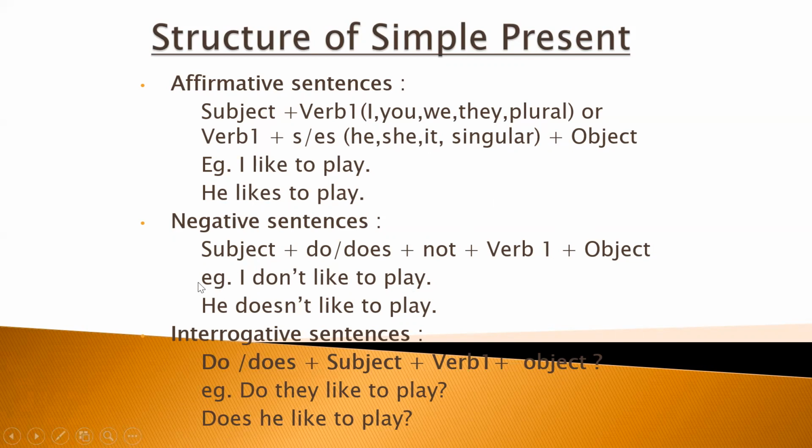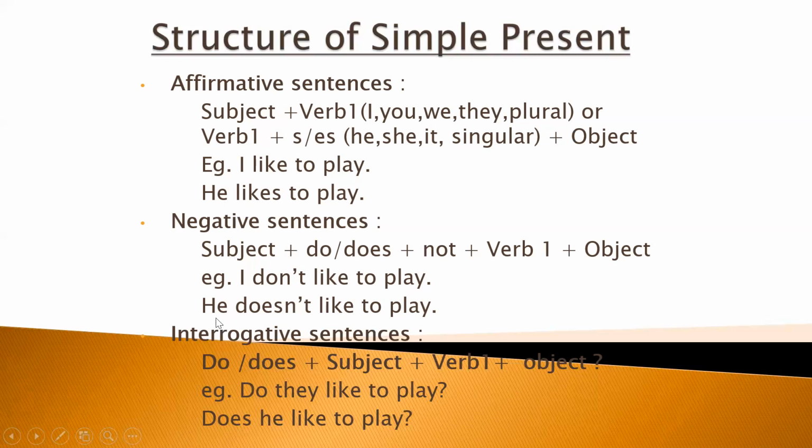Now let us see the example. In the negative case, the first example will become I don't like to play. I is the subject, and if it is I, we will use don't and then the first form and then object. So, it becomes I don't like to play.